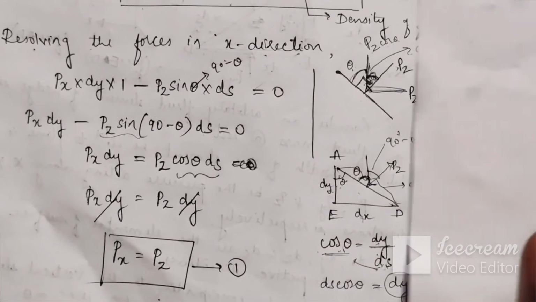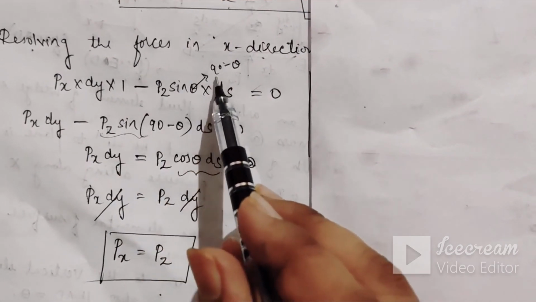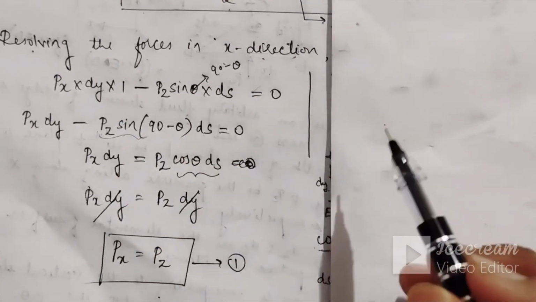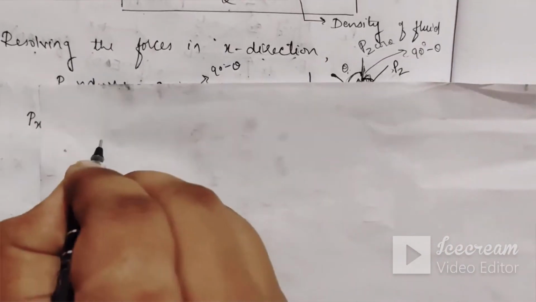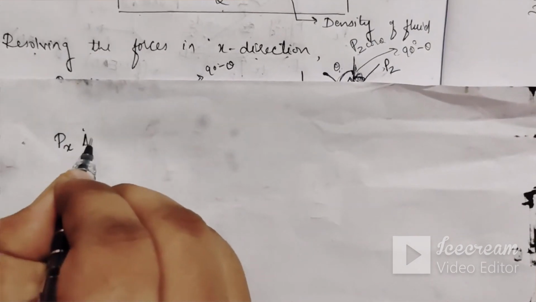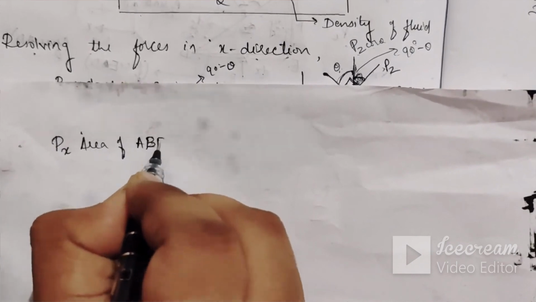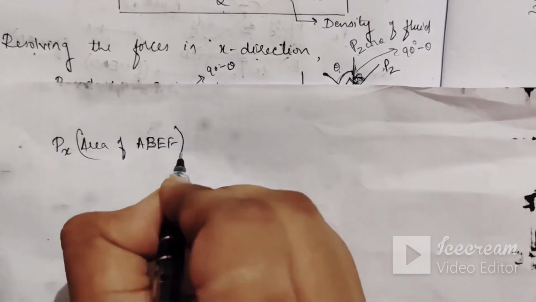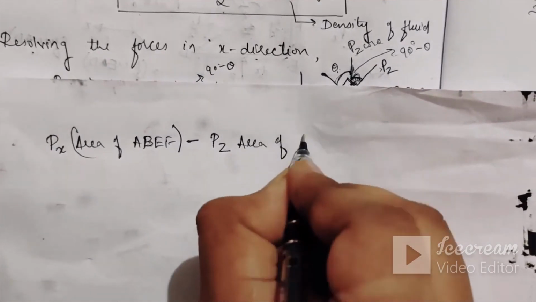Here, another point I wanted to give you: px into dy into 1, minus pz into cos(90 minus theta) into ds, right? This we can calculate by another method also. What do we have to do? px into the area of ABEF, minus pz into the area of that face.